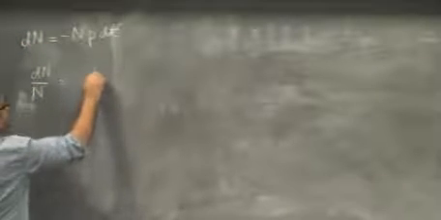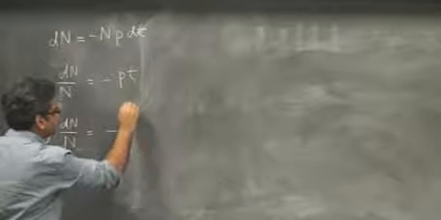From here, if we rearrange the terms, dn over n equals to, okay, then we put a minus sign here because after dt the nuclei in your system has decreased. So this will account for the negative sign. This equals to minus p dt.